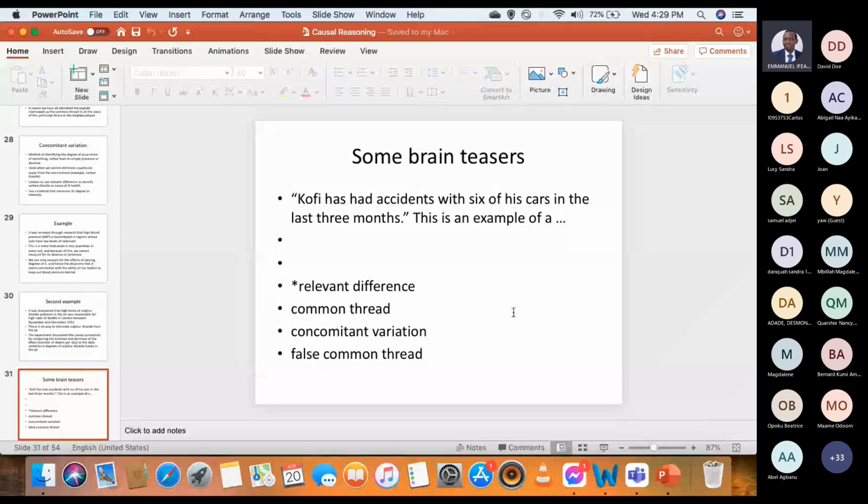So in this case, it's identified as relevant difference because Kofi is the very clear explanation in these accidents.